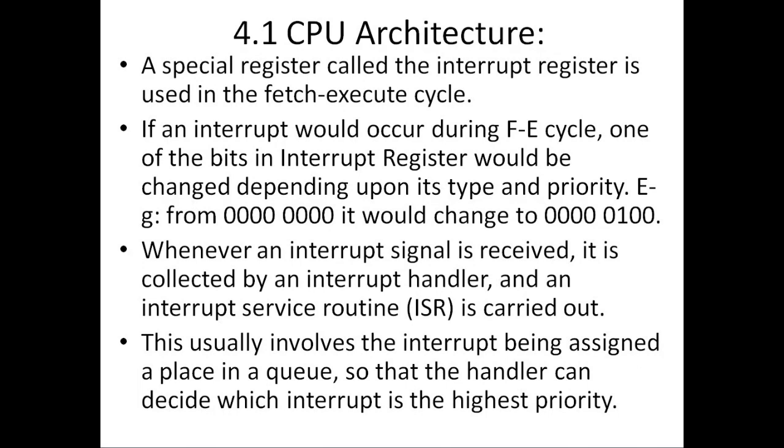For example, from 00000000 it would change to something like 00000100. Whenever an interrupt signal is received, it is collected by an interrupt handler and an interrupt service routine or ISR is carried out.